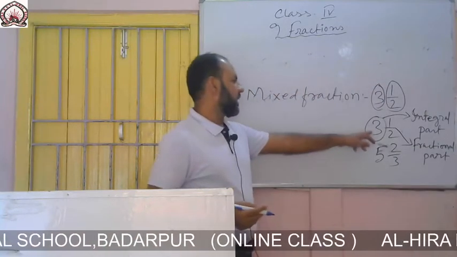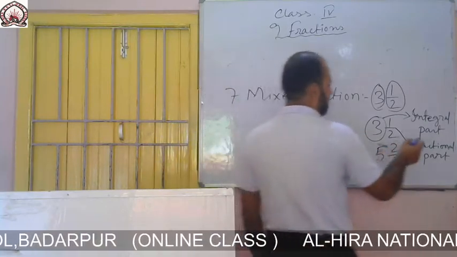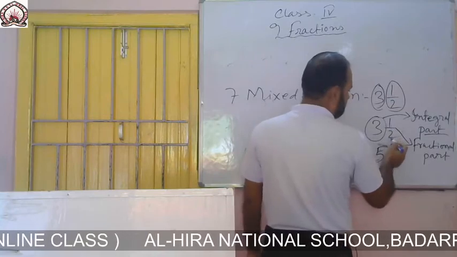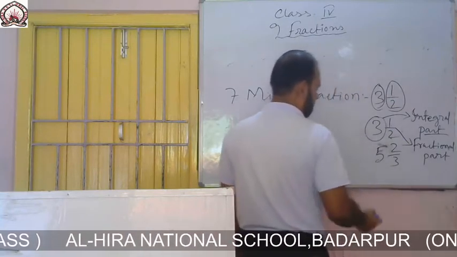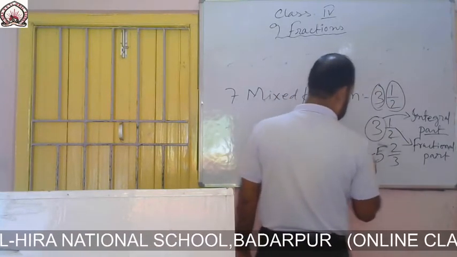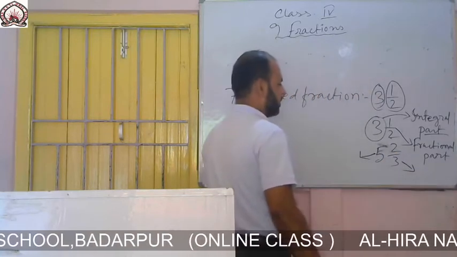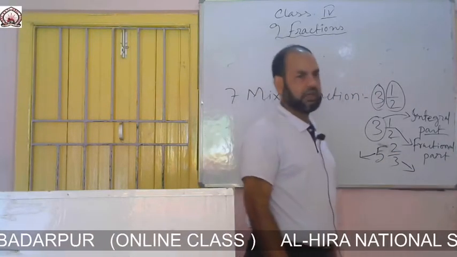So here whole number 3 is called the integral part and 1 by 2 is the fractional part. Here also 5 is the integral part and 2 by 3 is the fractional part.